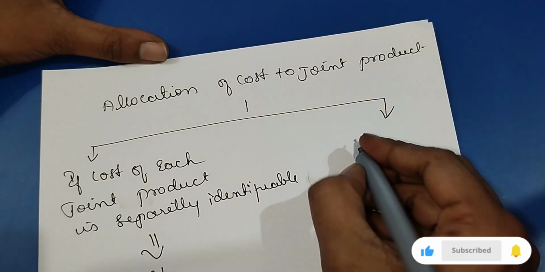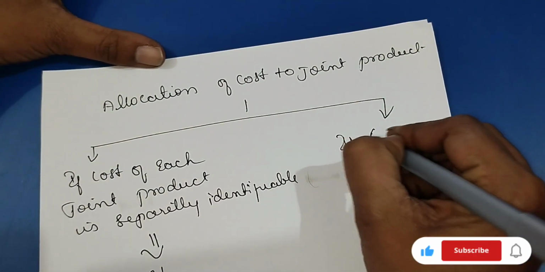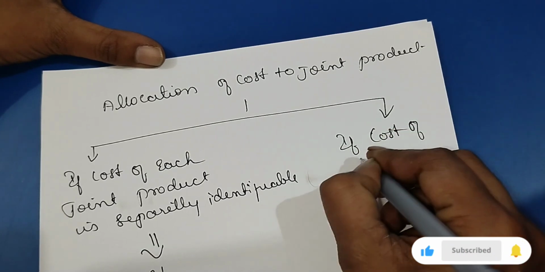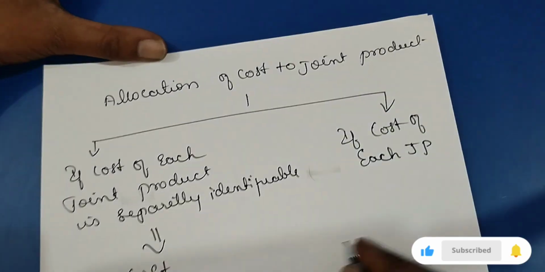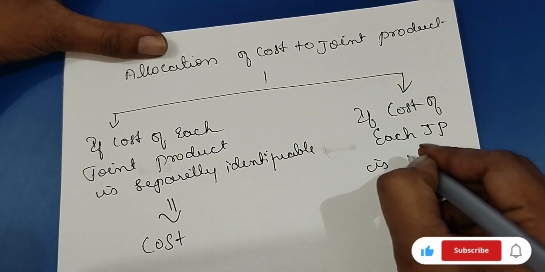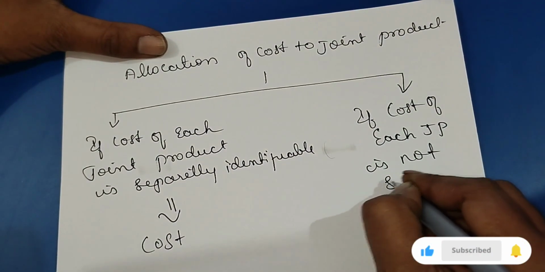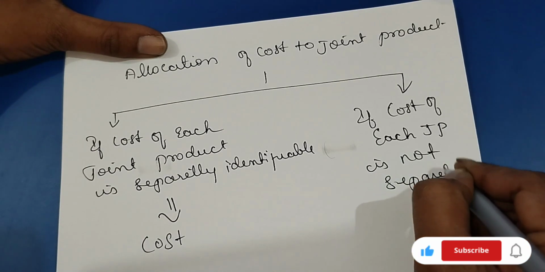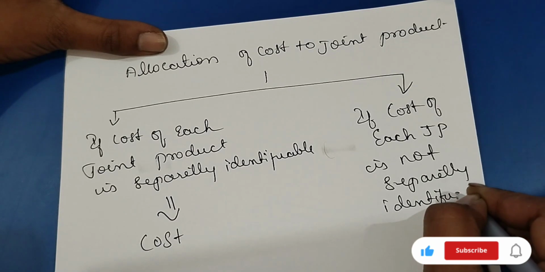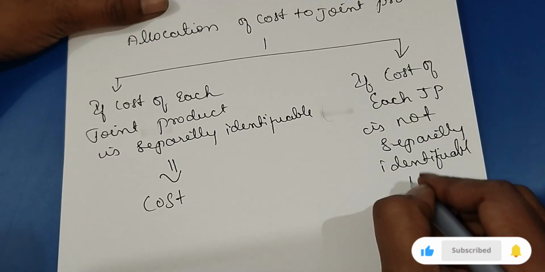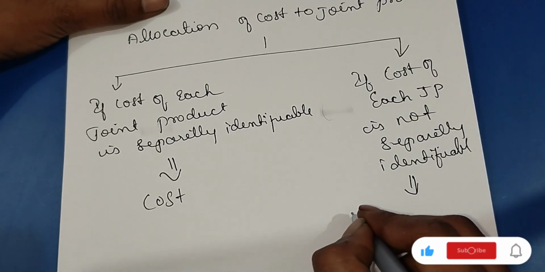In the second case, if the cost of each joint product is not separately identifiable, in this case we will take the total common cost.